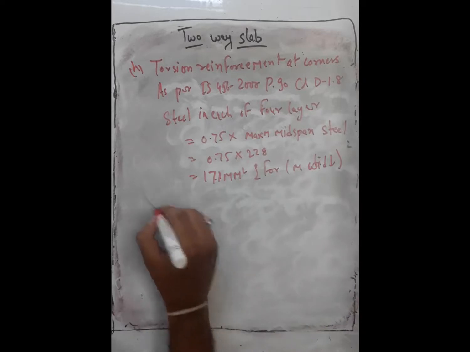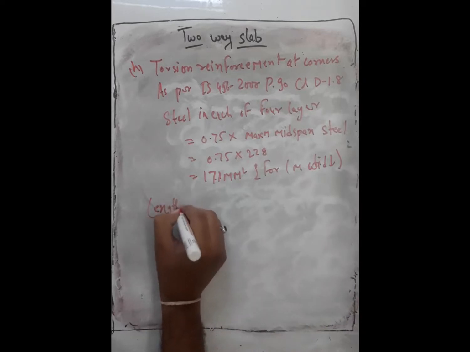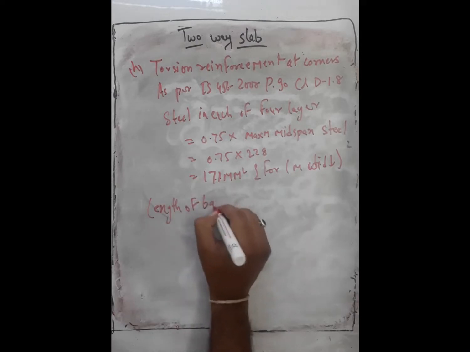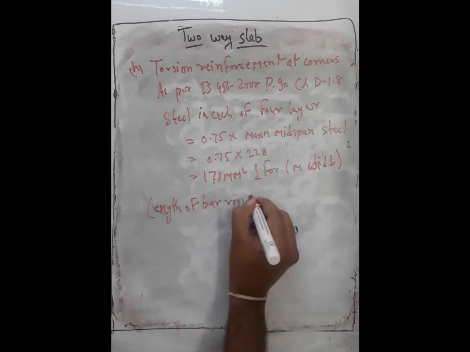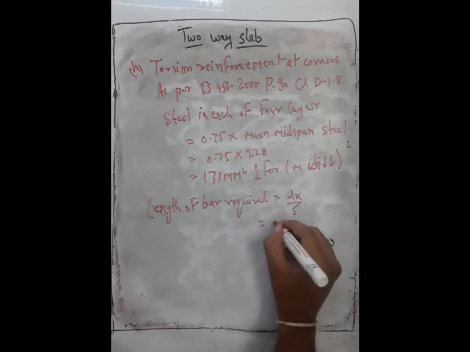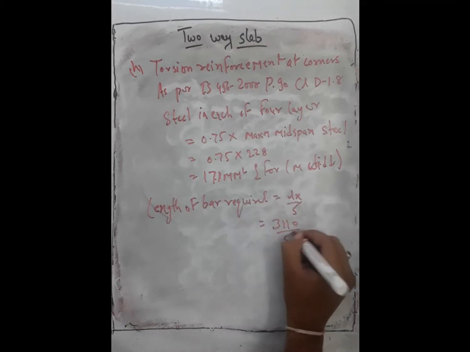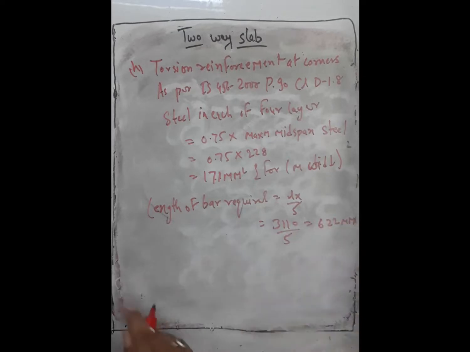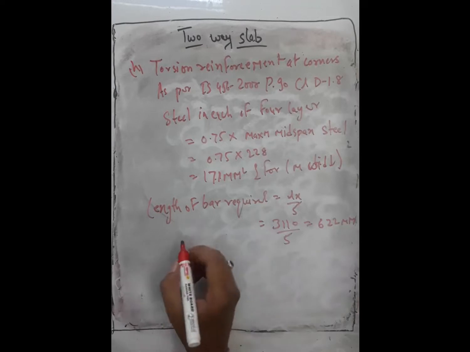Okay, now the length: we have taken Lx by 5. So length of bar required is Lx by 5. So 3110 divided by 5, 622 mm, means we have to provide up to 622 mm.